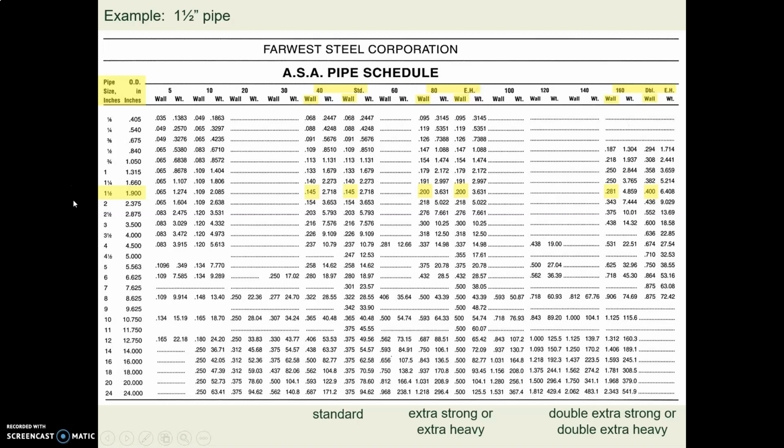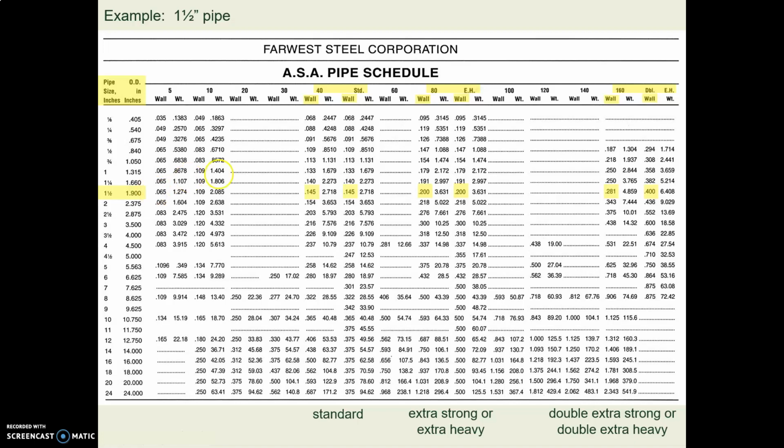Let's say we're looking up 1.5" pipe. So here on the left is a column for pipe sizes, and I have highlighted 1.5" pipe. Let's look at the outside diameter. All right, 1.5" pipe is 1.9 outside.